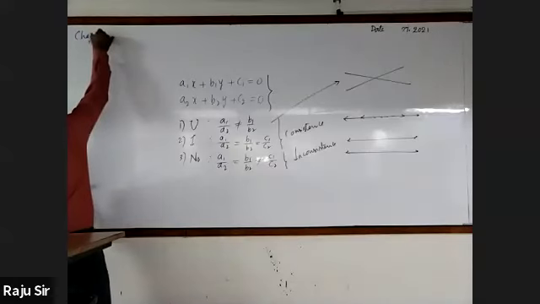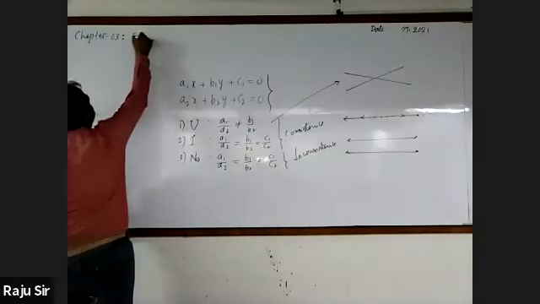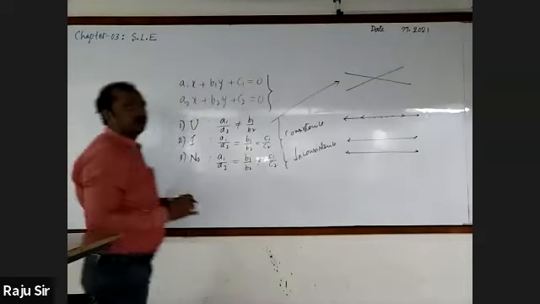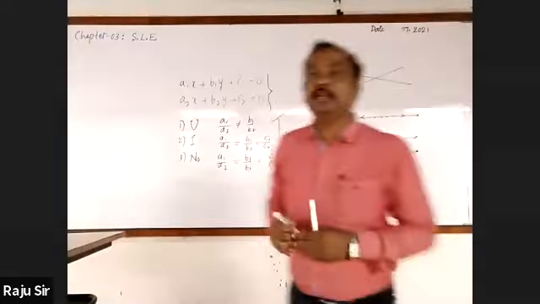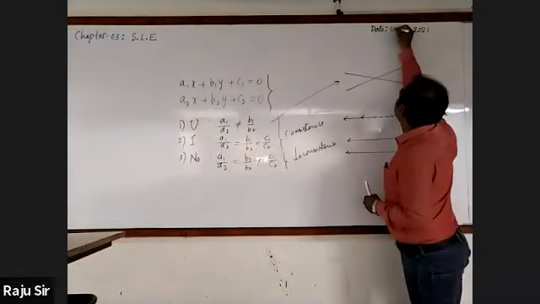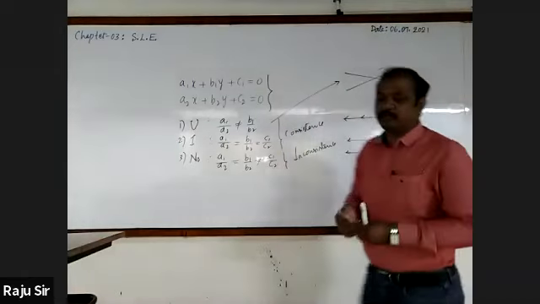This is chapter number 3, and the name is pair of linear equations in two variables. It is also known as simultaneous linear equations. And today's date is 6/7/2020.